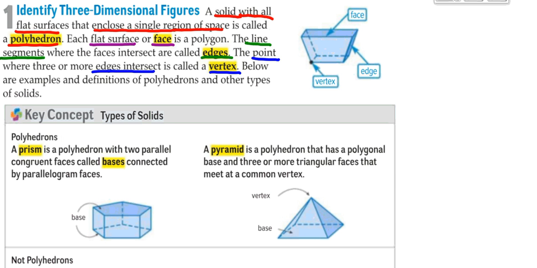In Minnesota, we don't do oblique, and this is an oblique prism. If I set it on that desk, it just looks like it's tipped a little bit, and it's not perpendicular to the base. Anything we do will be perpendicular to the base.